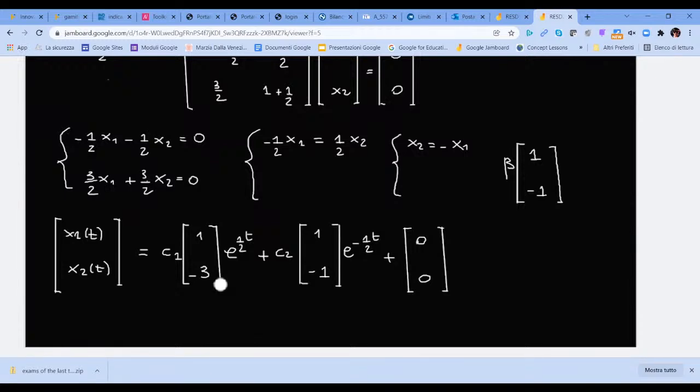trajectory that has C1 equal to 0. To have C1 equals to 0, we have to compute C1 and C2 in order to find the initial conditions.